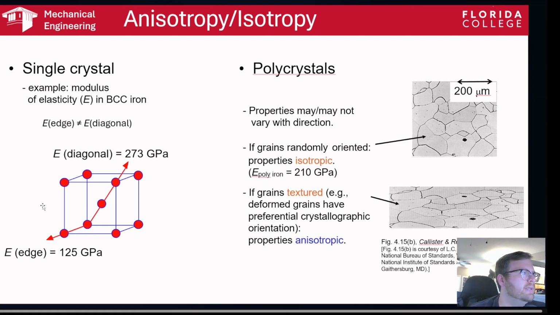So if we look at our Young's modulus, again, I don't think we've talked about Young's modulus and what that is. It's a stiffness value. It's extremely important to mechanical engineers. Young's modulus will be something you have tattooed to your brain.